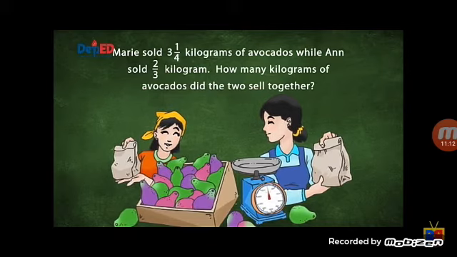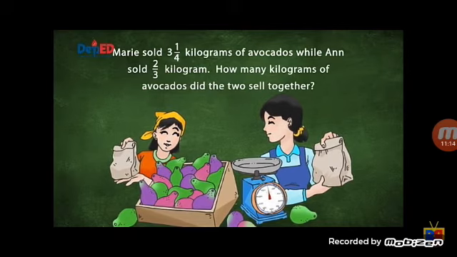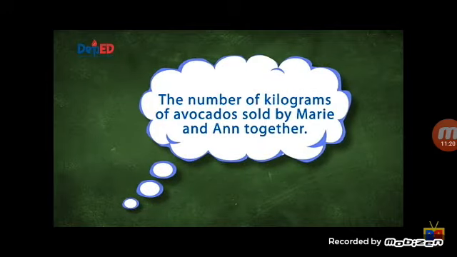Let us analyze the problem carefully. What is asked in the problem? Yes, the number of kilograms of avocados sold by Marie and Anne together. What is the clue word that can help to determine the operation in the problem? Correct.